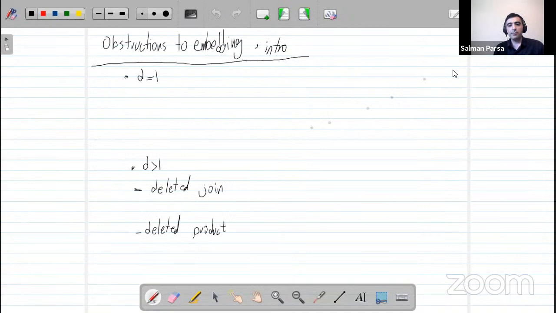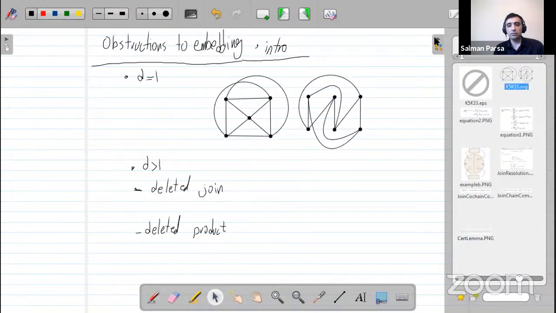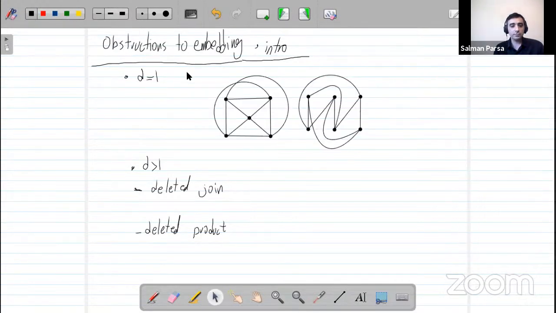Okay. So as we know, for the case of graphs, which is d equals 1, we have these two graphs. This is K5 and this is K3,3.